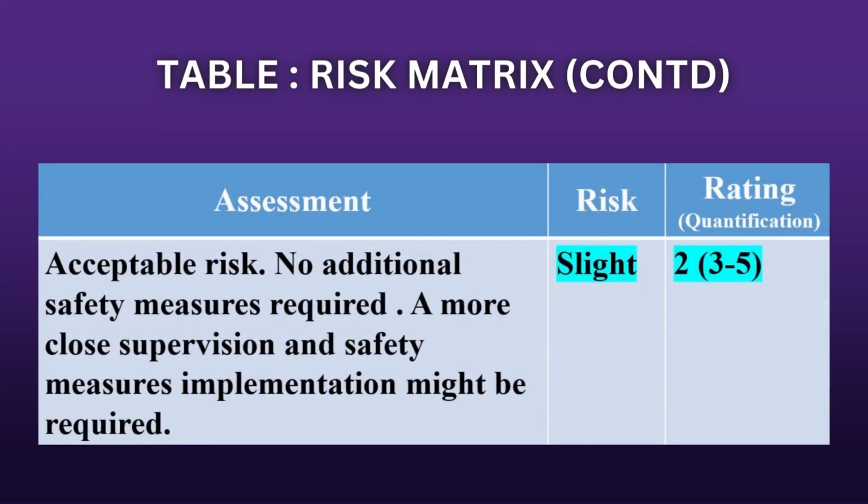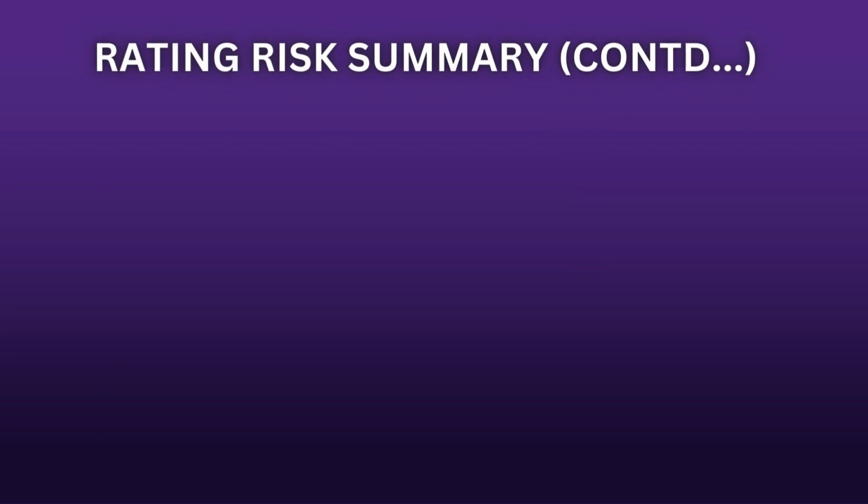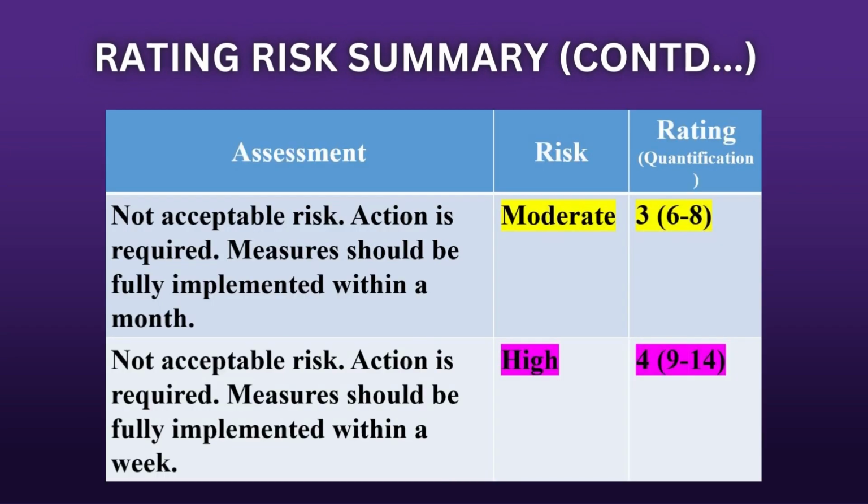Then for the next assessment, the risk may be acceptable, no additional safety measures required, but more close supervision and safety measures implementation might be required. The risk will be qualified as slight risk and the rating is 2. The next is not acceptable risk. Action is required, measures should be fully implemented within a month, then the risk level is moderate and the rating is 3.